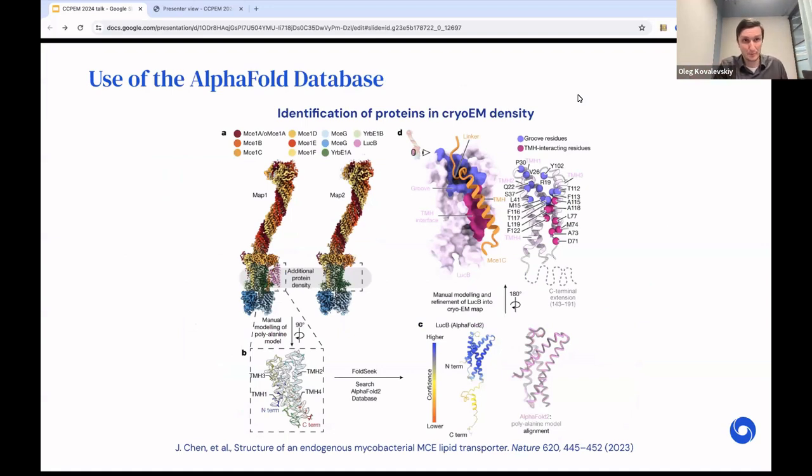They just built a polyalanine backbone and performed a search against the AlphaFold database for proteins with such a fold. They got a clear best hit, which is the LucB protein, and this finding was subsequently biochemically validated. This method of structural search was unlocked by the AlphaFold database, and it was not available before because the PDB is quite incomplete.